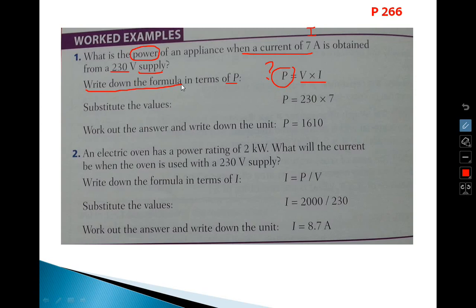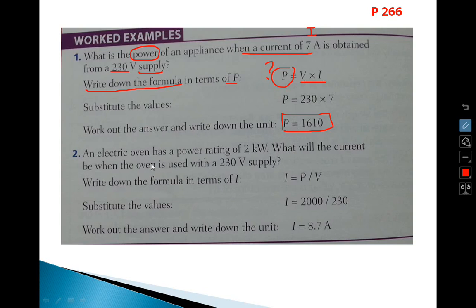First, write down the formula. Second, substitute the values in the formula. So P is equal to 230 times 7. The final result is 1610.